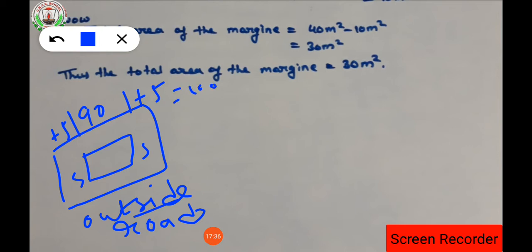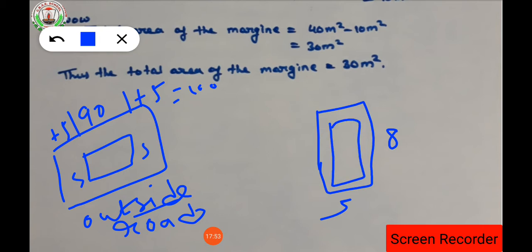Clear? But in this question we are having a picture, and the length of the picture is 8 meter, breadth of the picture is 5 meter. Now a margin is being drawn inside, alongside, that means inside.